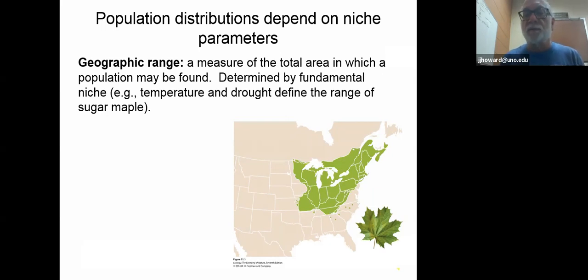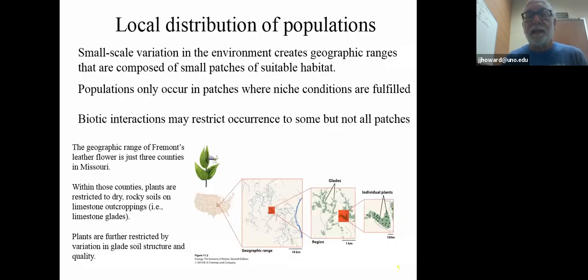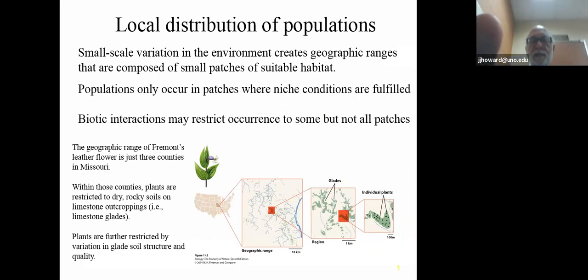So the geographical range is the area on Earth where you find that population. Now, it's important to understand that within that area, that doesn't say that the entire area is suitable for that species. It's just the broad outlines. There may be patches within that area, and this slide attempts to illustrate the patchy nature of niche conditions.